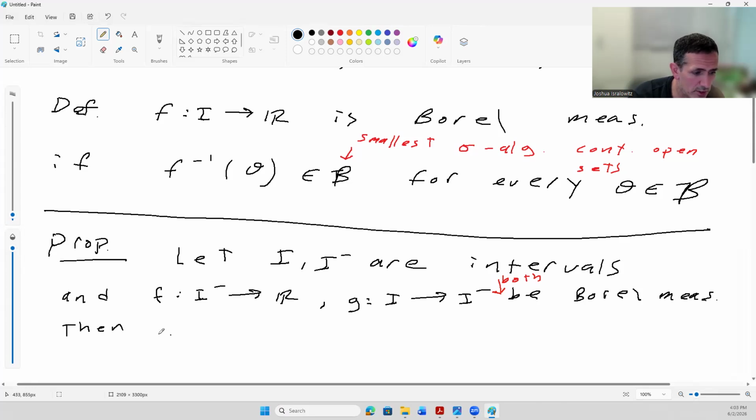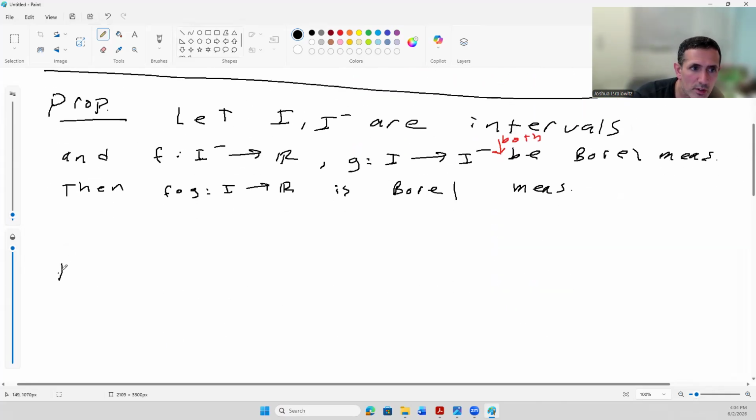This is a virtually trivial proof. The composition is Borel. All right. So let theta be Borel.